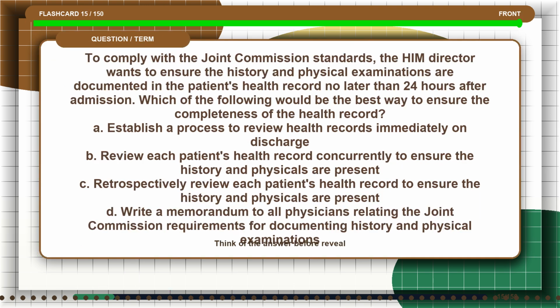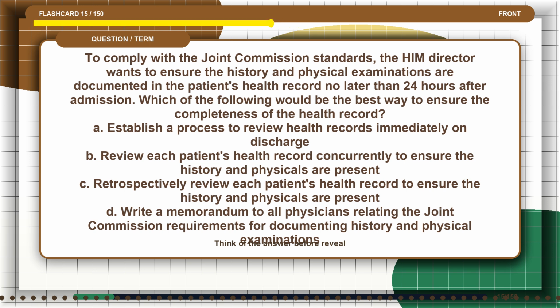Flashcard 15. To comply with the Joint Commission standards, the HIM director wants to ensure the history and physical examinations are documented in the patient's health record no later than 24 hours after admission. Which of the following would be the best way to ensure the completeness of the health record? A. Establish a process to review health records immediately on discharge.